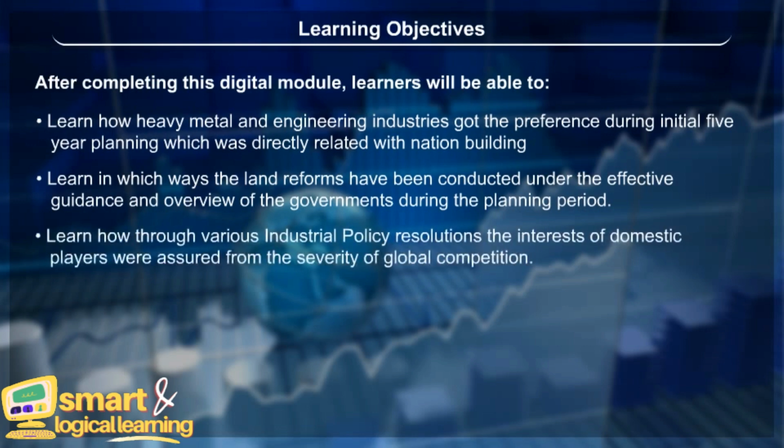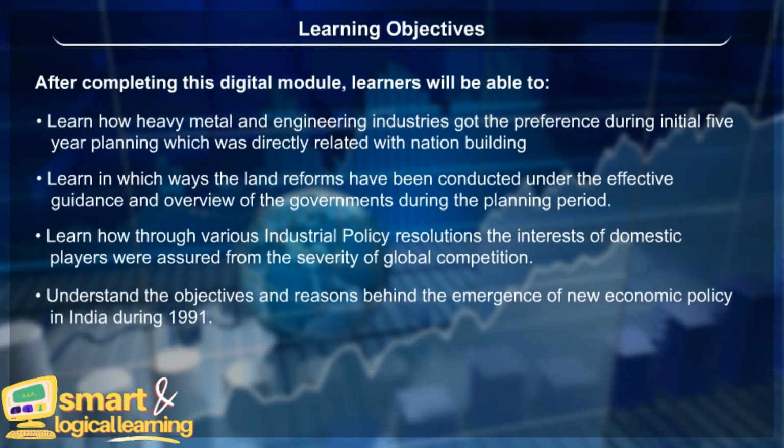Learn how through various industrial policy resolutions the interests of domestic players were assured from the severity of global competition. Understand the objectives and reasons behind the emergence of the new economic policy in India during 1991.